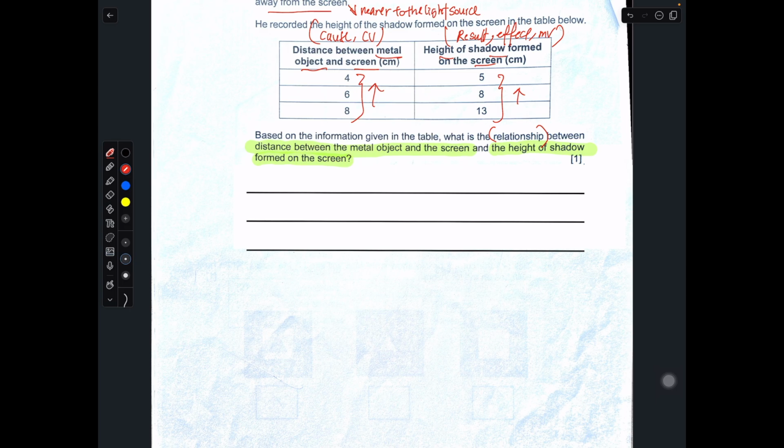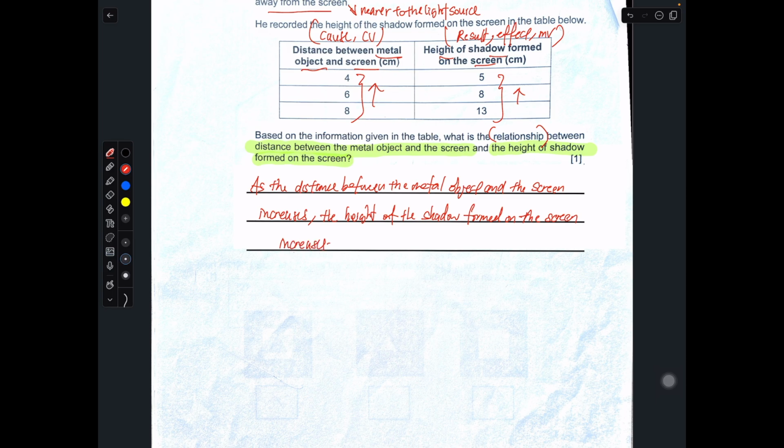Usually we write down the cause first: as the distance between the metal object and the screen increases, the height of the shadow formed on the screen increases.